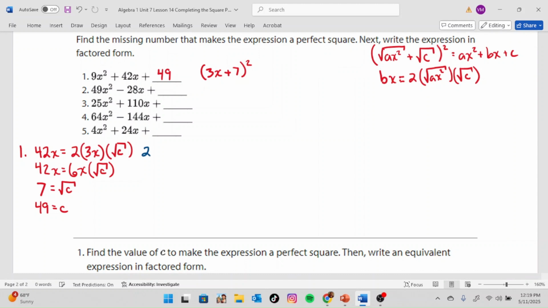Let's look at number 2. Filling in what we know, bx is negative 28x. That's going to equal 2 times the square root of ax squared, the square root of 49x squared is 7x, times the square root of c.